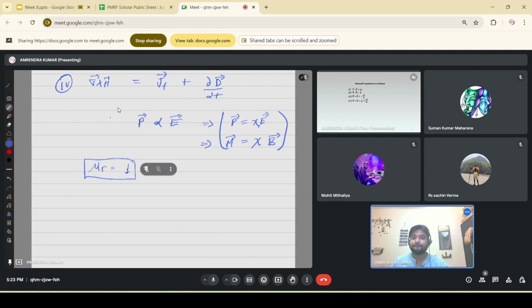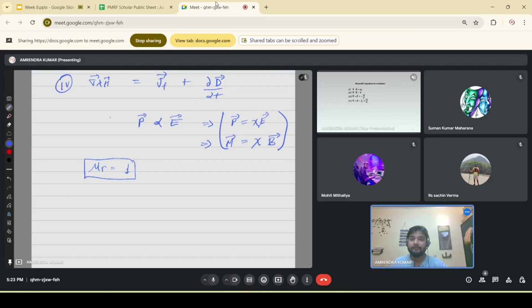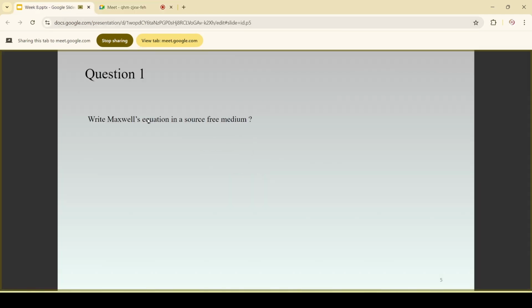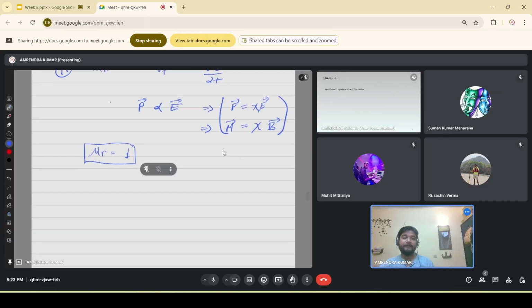Now the second question is: write the Maxwell equations for linear dielectrics. The first one is the source-free media. Now I have to explain what a source-free media is.